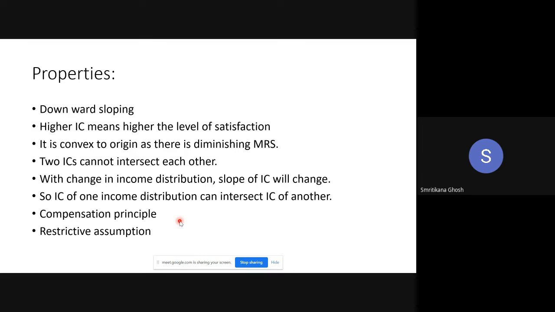Now, what is the compensation principle? The compensation principle is very similar to our Pareto optimality type of thing. It says that, given the income distribution, if the better off people of the economy can improve the welfare of the rest of the economy, then the economy should do it.